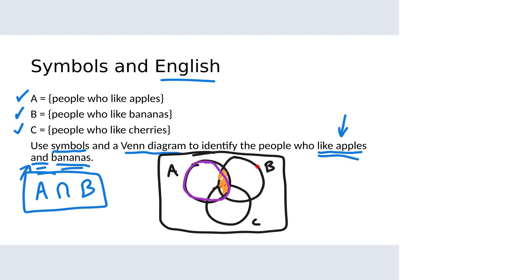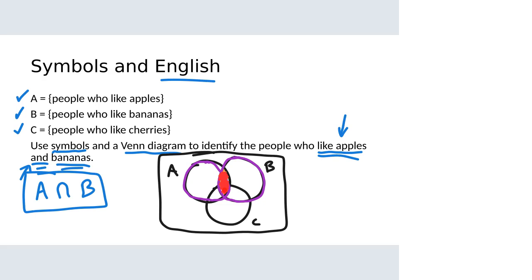Here's the people who like bananas. I'm looking for the people who like apples and bananas. They like both. And that's right here in the overlap of those 2 sets. Now, you may say, what about set C? Well, some of those people don't like cherries and some of them do. That doesn't matter. What we were looking for here is where are the people who like apples and bananas? And it's regions 2 and 5. Let me know if you have questions on that.